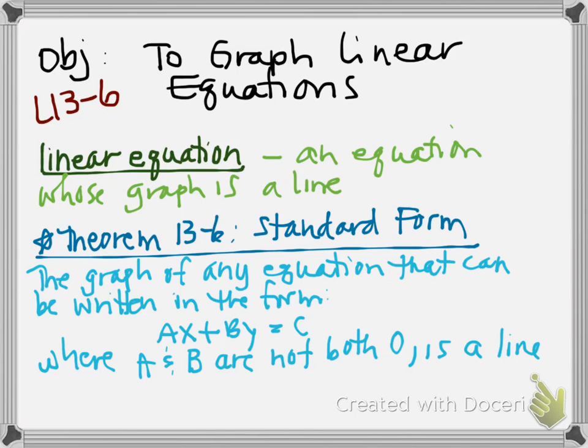Okay, so some things we notice: x is to the first power, y is to the first power. A, b, and c are all numbers. Now, can you remember the stipulation we talked about for standard form in our algebra class about a, b, and c? There's a special rule about them. Do you remember? Well, we just said that here, but that's not it. Would it be Pythagorean triple? No, doesn't have to be.